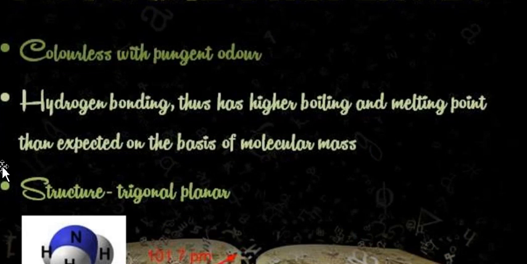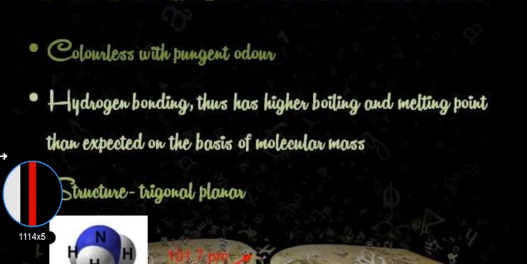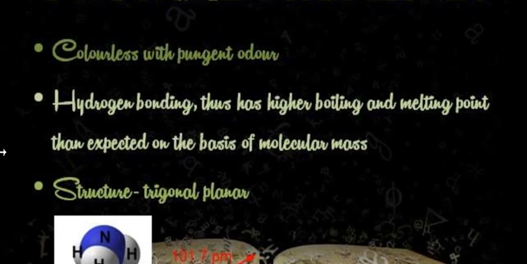Now the physical properties of ammonia. Ammonia has the following properties. It is colorless and has a pungent odor.